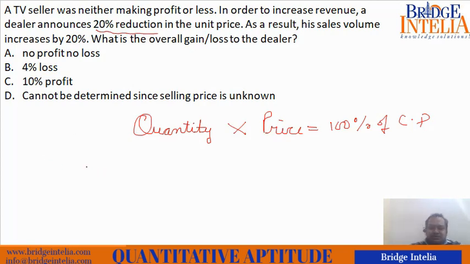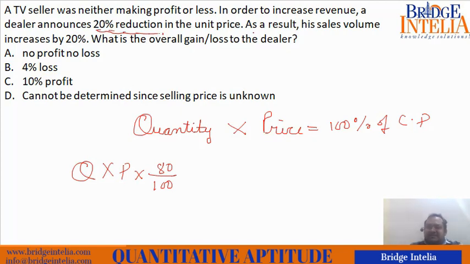So just understand what change he made. He reduces the unit price by 20%. So price was P. The new price will now become P multiplied by 80 by 100. Multiplying by 80 by 100 signifies a 20% reduction.